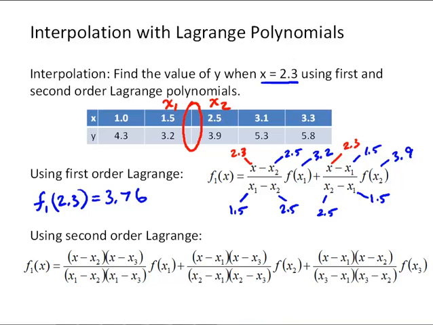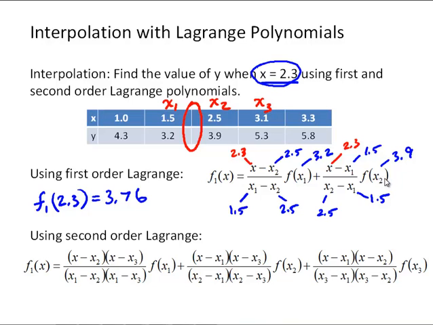So again, we're interpolating at x equals 2.3. So 2.3 minus 1.0 is 1.3. 3.1 minus 2.3 is 0.8. So 3.1 is going to be closer to 2.3 than 1.0. So we'll use 3.1 as our third point and call that x3 for our interpolating polynomial.